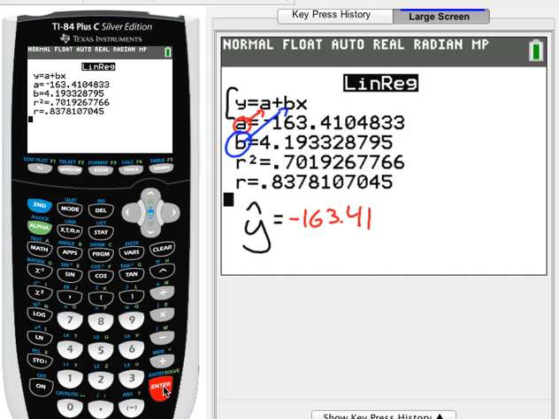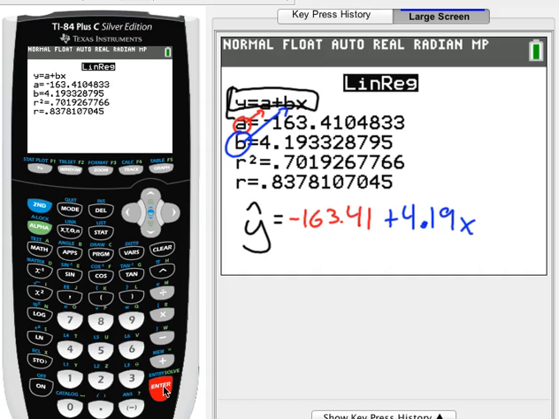Here, B is the number with X. So notice, remember I showed you that the AP Stats book had this written flipped because they use this other version of the linear regression, okay? But if you just follow what this equation is telling you right up here, then you're always going to get it right anyway, okay? So always just note which one you're using, and then use whatever you're comfortable with, okay? I'm not going to tell you which one to use. I just want to make sure that you're aware of the two different versions of them.